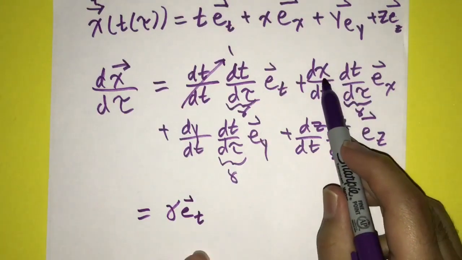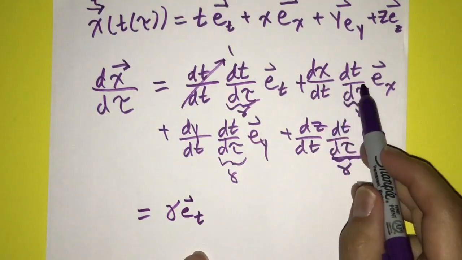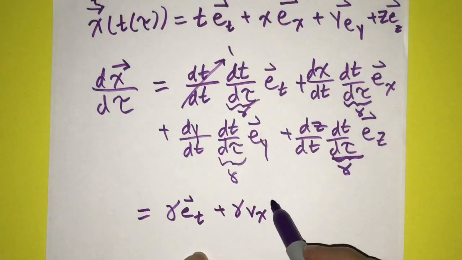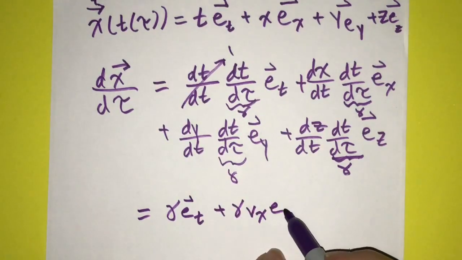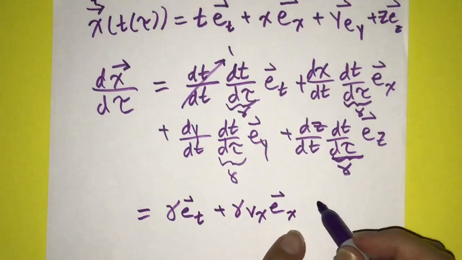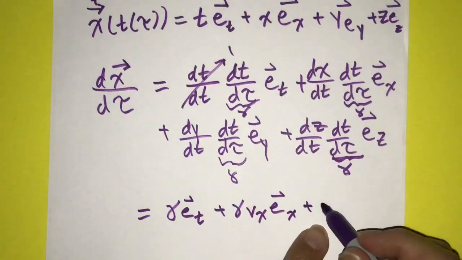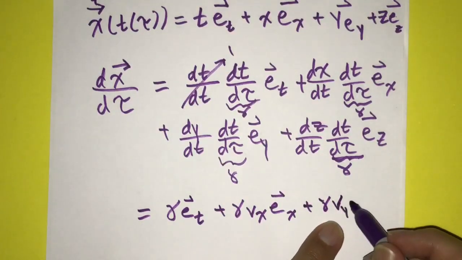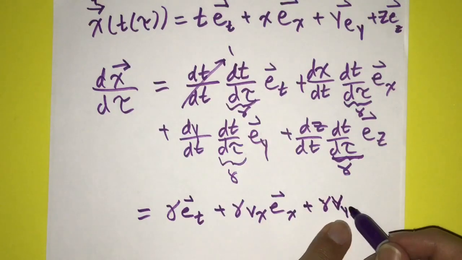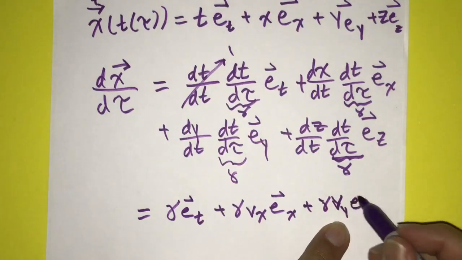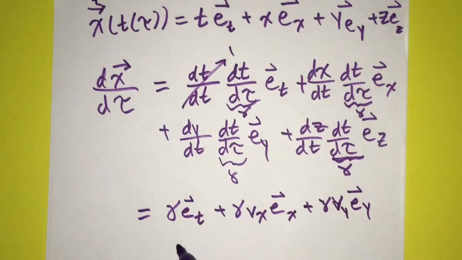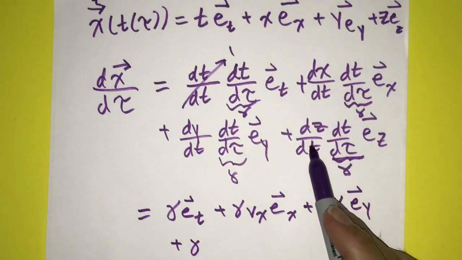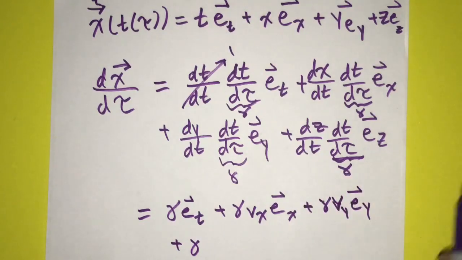And here this is just the x component of velocity times gamma, so that's gamma v sub x times our basis in the x direction. Similarly, gamma times the y component of velocity times our basis in the y direction, plus gamma times the z component of velocity in the z direction.